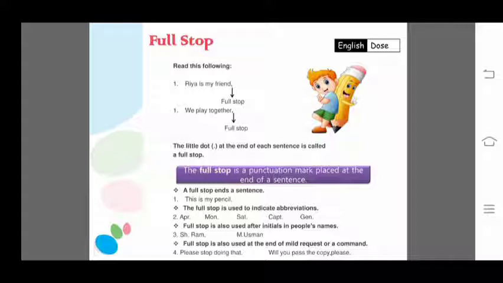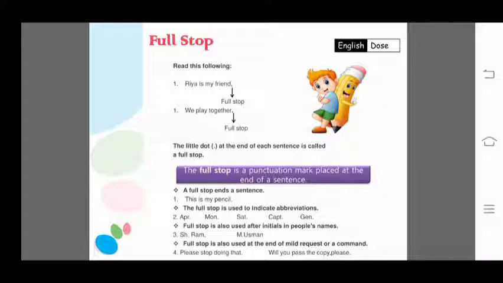We also use a full stop after initials in people's names. What is the third rule? We use a full stop after the initials, before the surname or the title. In people's names, we use a full stop.